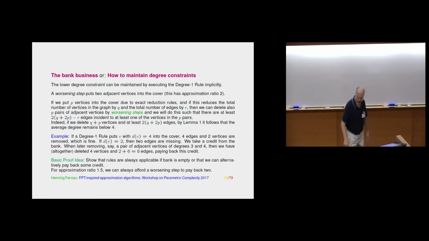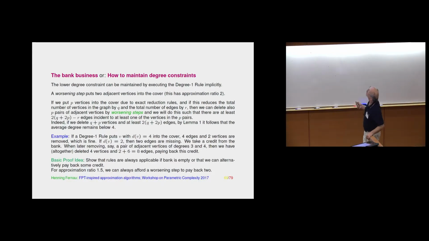If you really want more details, then the next paragraph is something like that. If I put p vertices into the cover due to, say, exact reduction rules, and this finally reduces the number of vertices in my graph by q, and the total number of edges by r, then we have some freedom to apply these worsening steps.